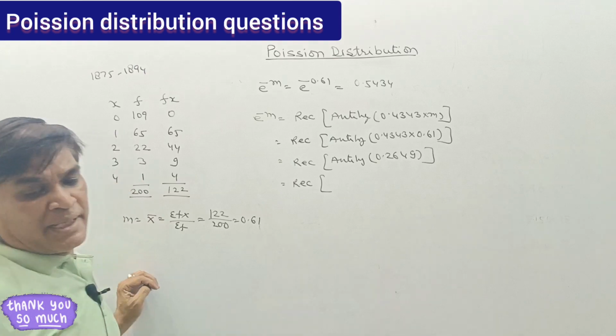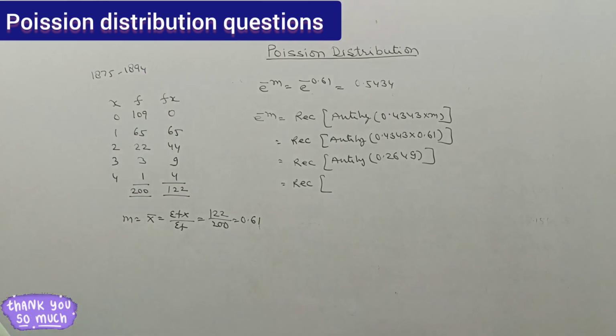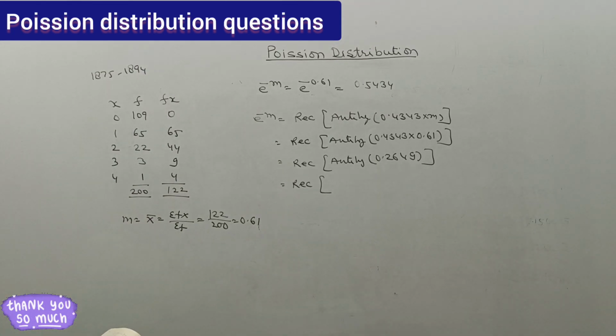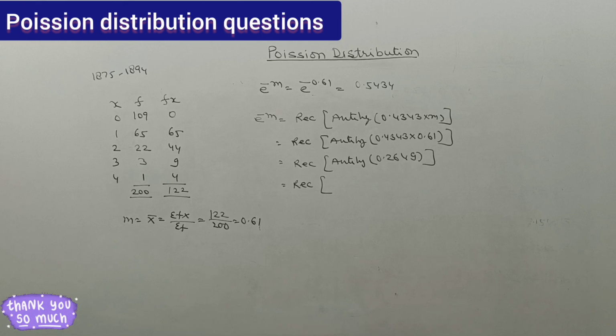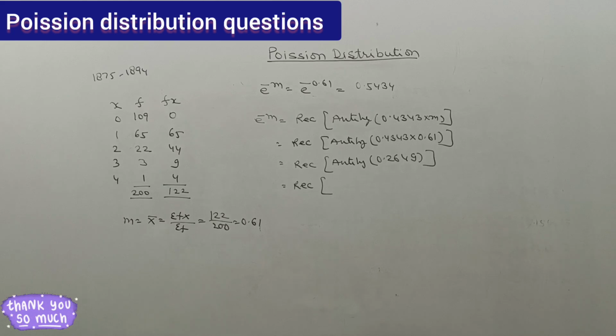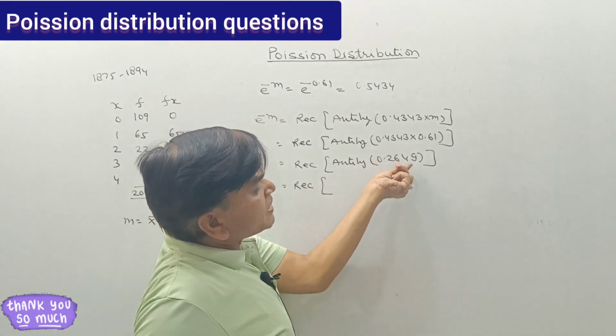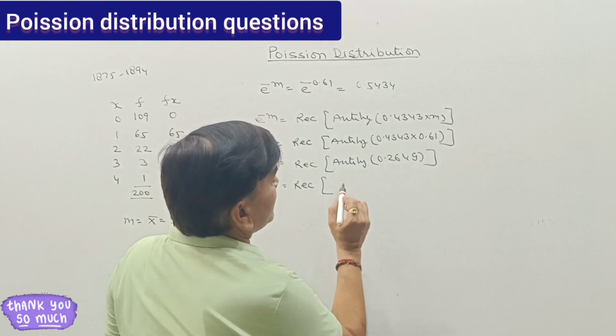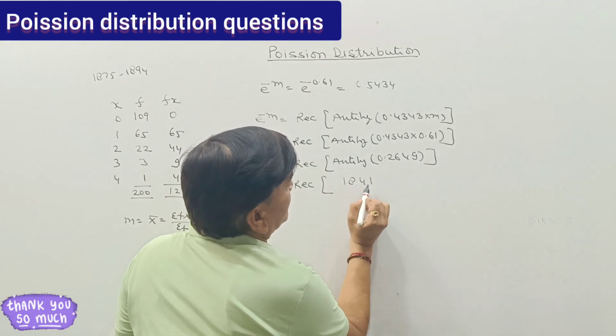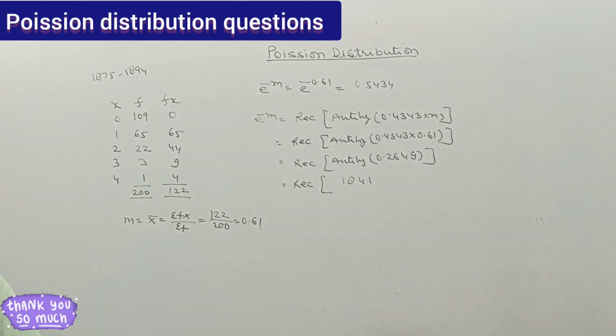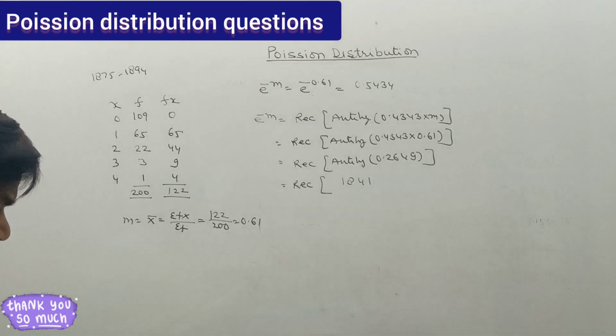We will see the value of this in the antilog table. For 0.26 and the difference 4, that is 1837, and the difference 9 for 0.26, so then we get 1841.